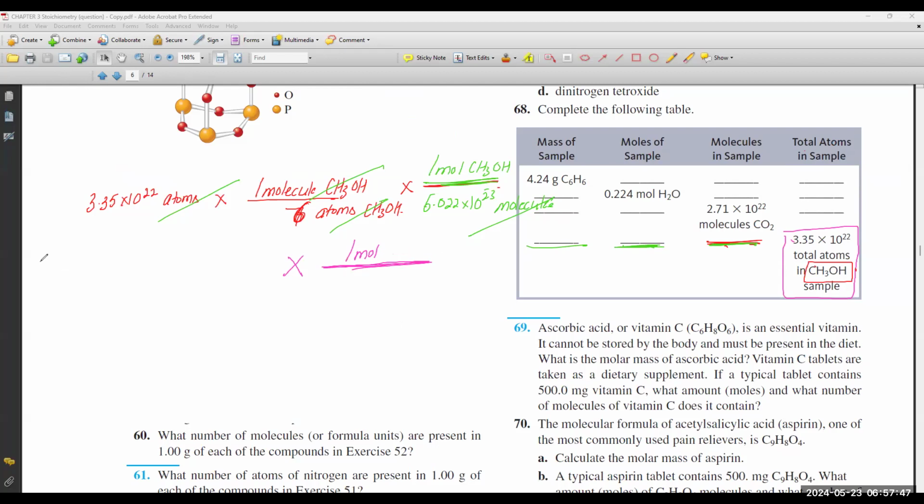So what's the molar mass? 1 mole of CH3OH, and in the numerator? Yes, 32.022 grams. And then this mole and mole cancelled, and you'll get your answer here.